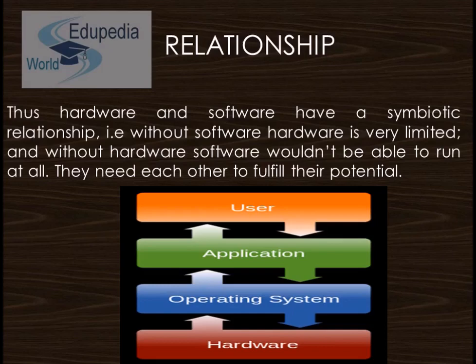Then the operating system is there to talk to the hardware to get its work done and return the work done back to the user. So this is how the computer fundamentals work together to get our work done, or simply to give us our desired output.